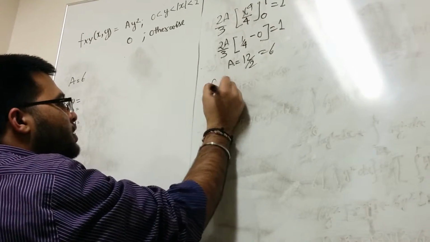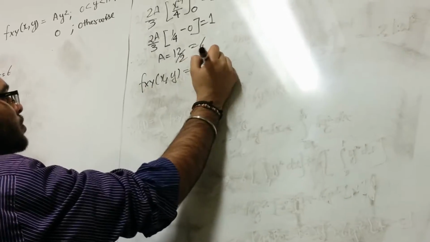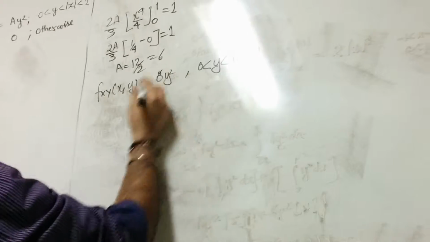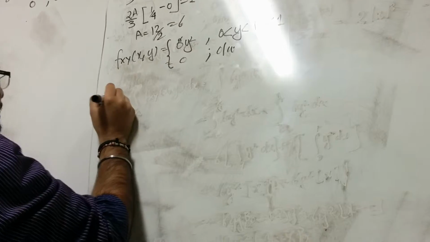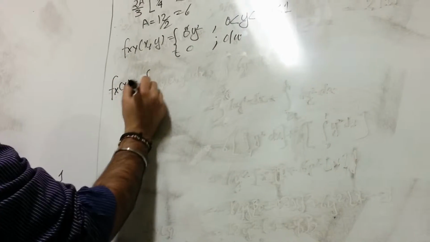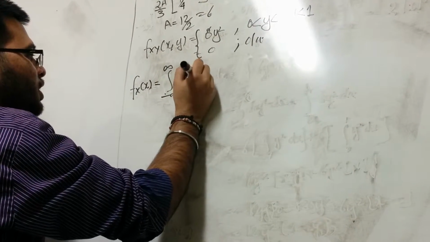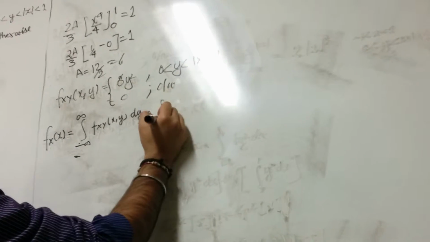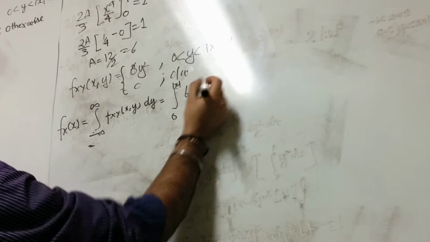Now we can again write the joint density function by replacing the value of a, that is 6 y square in the given limit and 0 otherwise. Now we will find the density function of f x. That is integrating the joint density function with respect to y. So putting the values, we get the limit 0 to mod x, 6 y square dy.